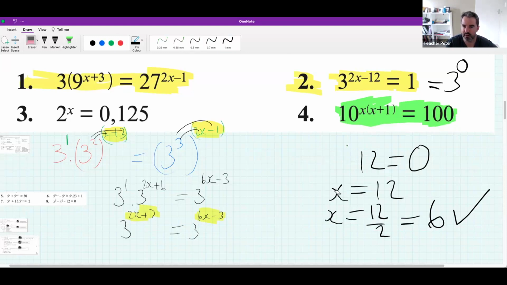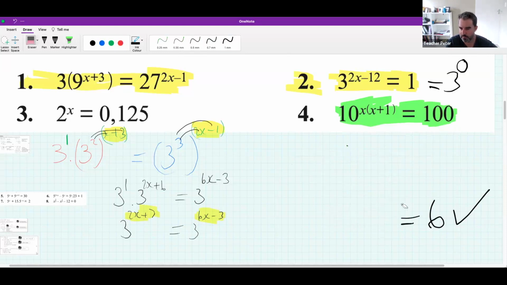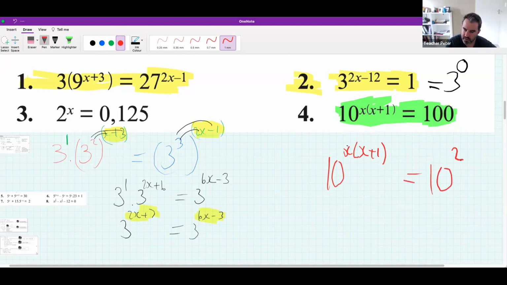Step 1 is to get the bases the same. So I think most of you would have done this as step 1, which is a good idea. What do you have to do next?